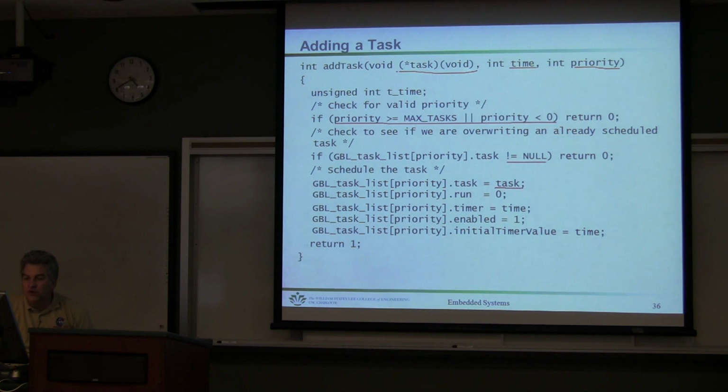Otherwise, you schedule or identify and put in the address for the task. You make sure that your run is 0. This is the frequency, so you start it at whatever the frequency is, and then of course the initial timer value is going to say what the frequency is. When it starts running, it'll start to decrement this one, and of course we're enabled.